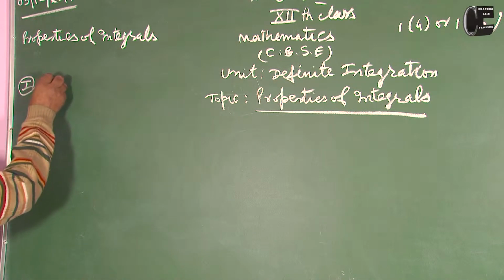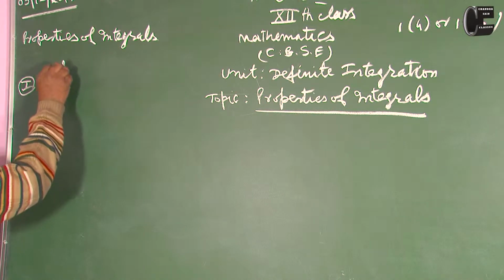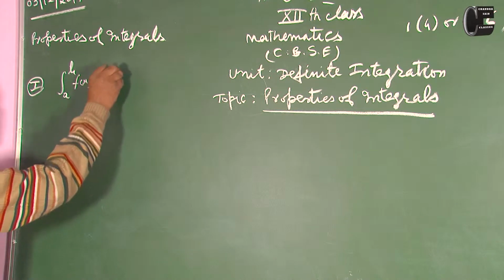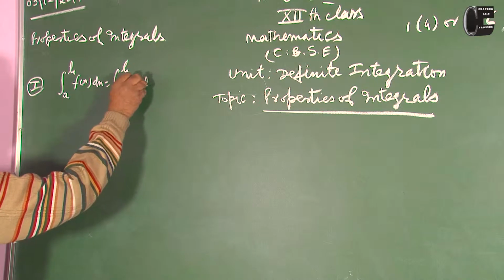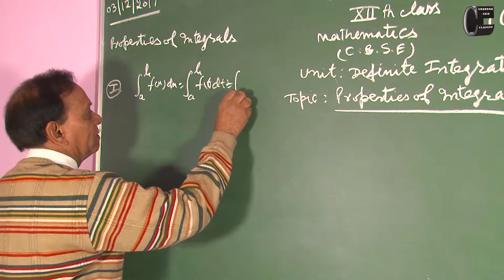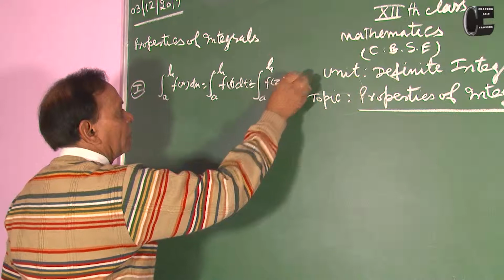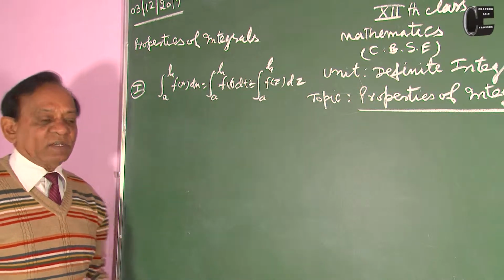properties. First property: integral from a to b of f(x) dx will be equal to integral from a to b of f(t) dt, equal to integral from a to b of f(z) dz. If we change the variable, limits are same, there will be no effect.